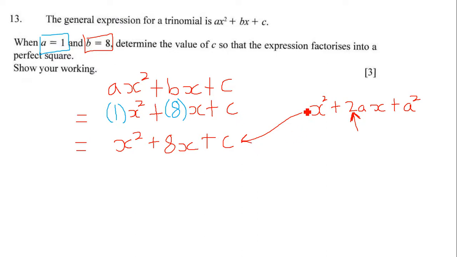That's the idea. If we try to make them look the same, we have an x squared here and an x squared here, so that's good. But here we have 8x, and here we have 2ax, so we have to pull out a 2.